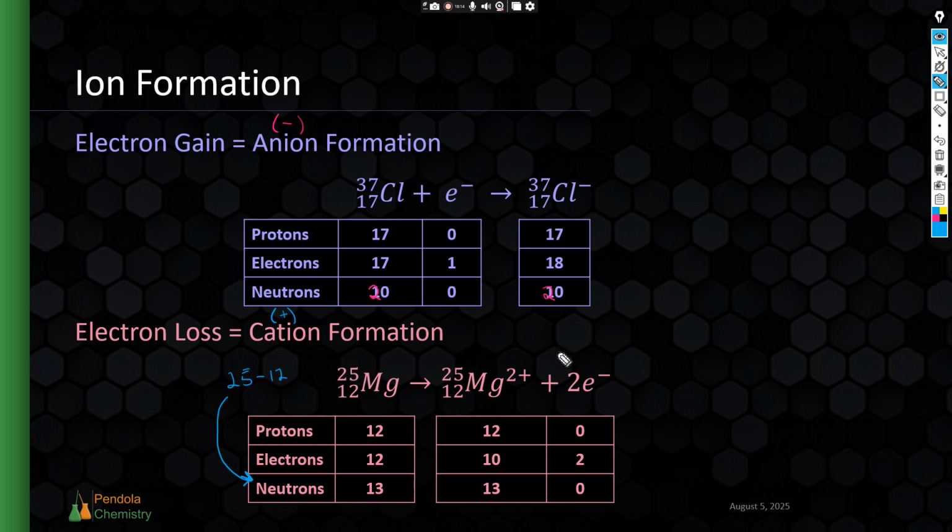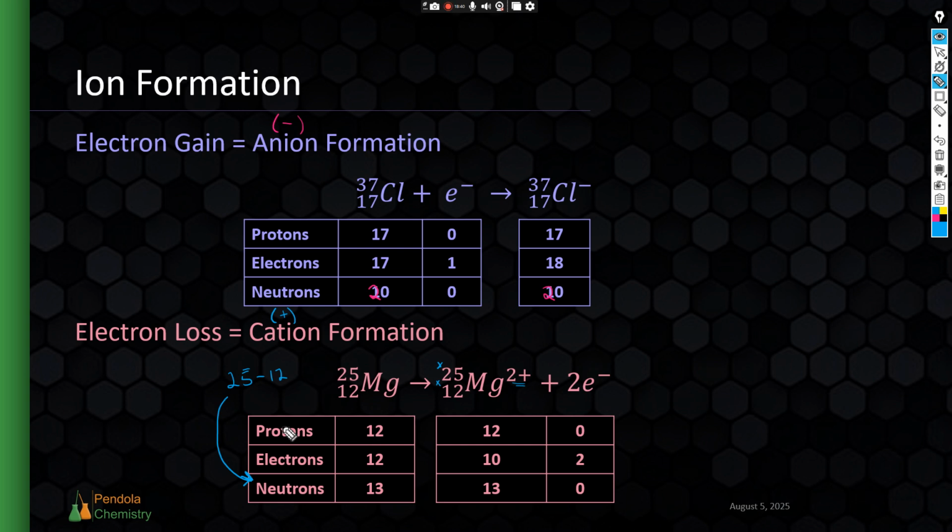When magnesium loses electrons, we can show those electrons as a product in a chemical reaction because they're being lost. Again, the nucleon number and the proton number don't change. They remain exactly the same, 25 and 12, because these are not affected by electrons. What does change is the charge of that ion. The magnesium charge now goes to +2 because it has lost 2 electrons.